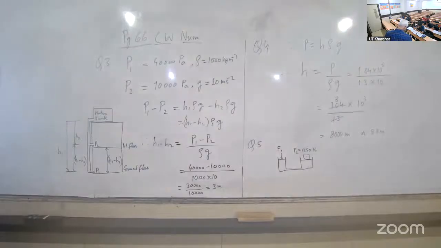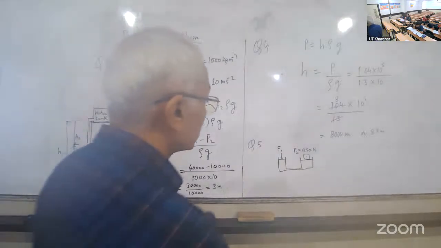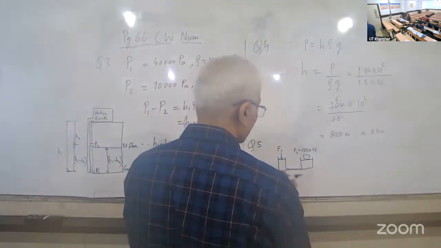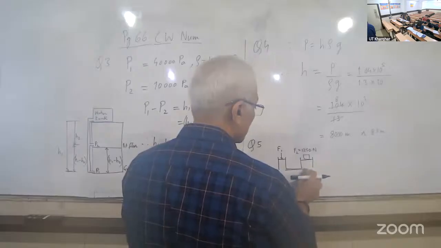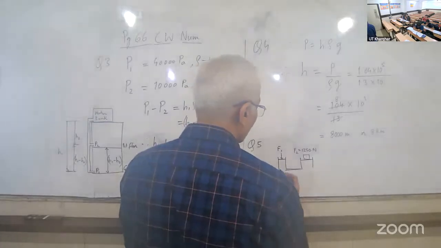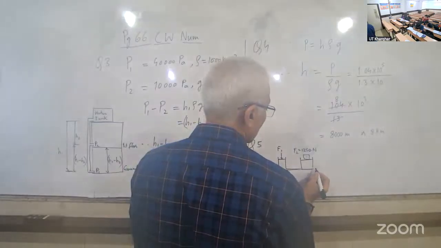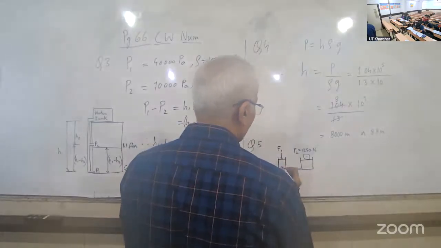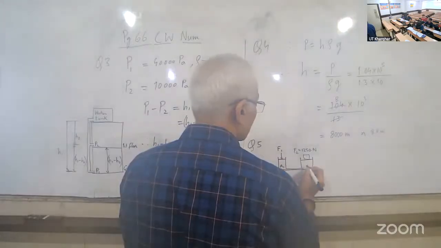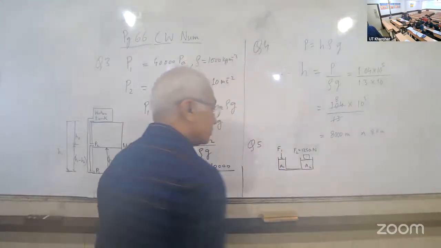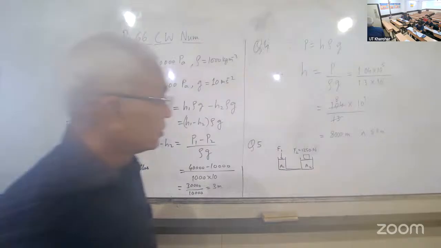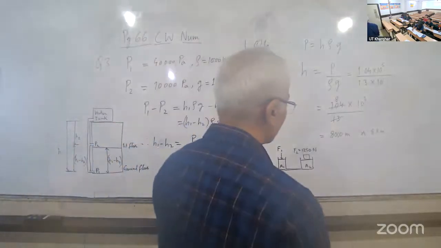And the smaller area is... so this one is A1 and this is A2. So what is the relation?